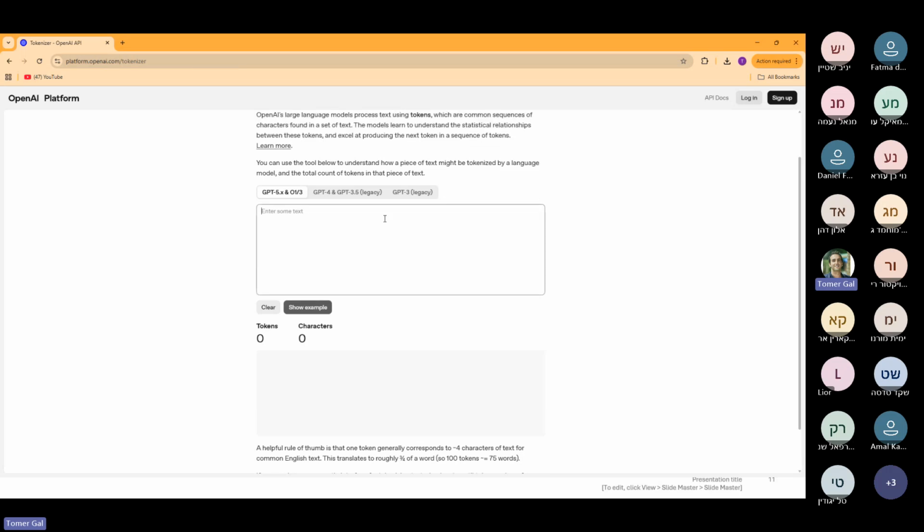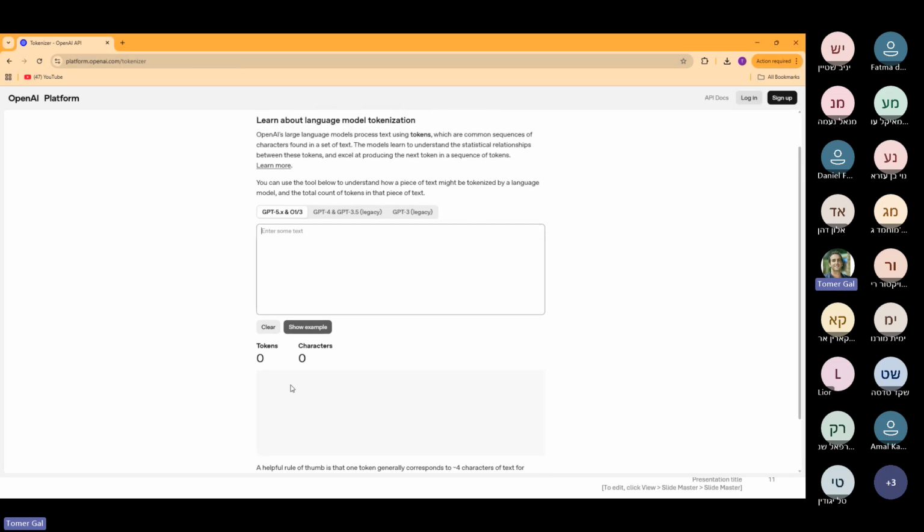So this is a tokenizer. I can write here some text, and we will see the tokens. Hello world, we are studying, build on. So this is a tokenizer for text.